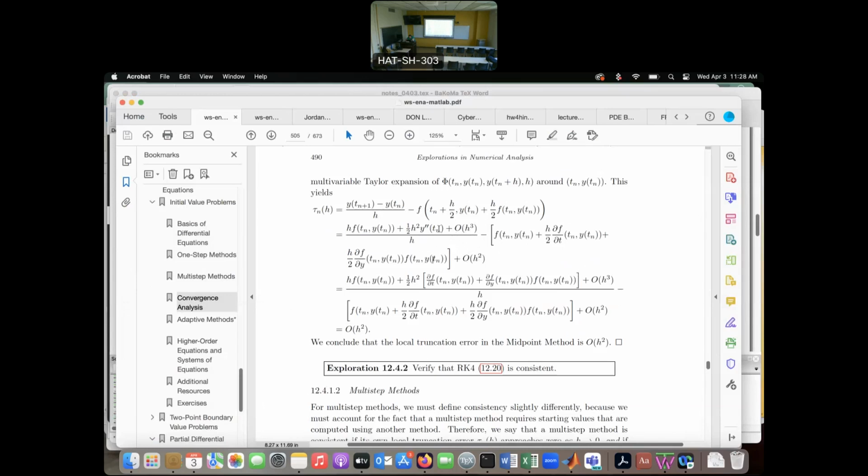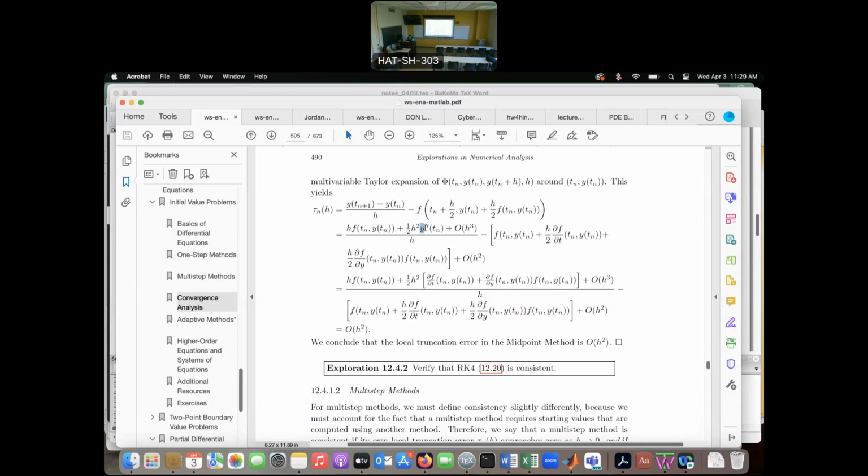So then, for this second derivative term, y double prime, keep in mind that y prime is f of t, y. For the second derivative, I did the same chain rule usage as when deriving the Runge-Kutta method. So y double prime is df dt plus df dy times dy dt, which is f.